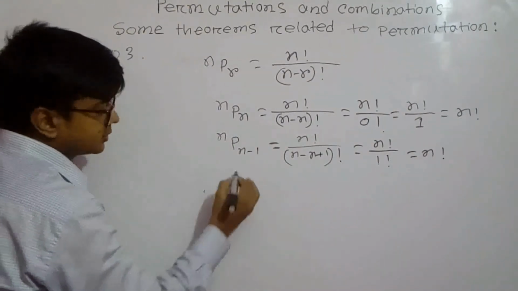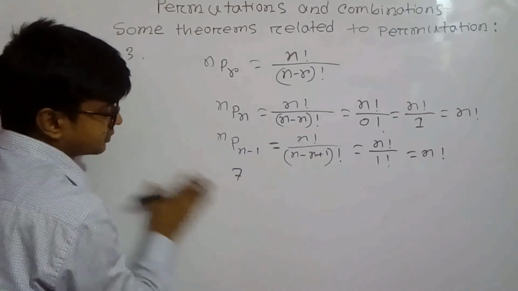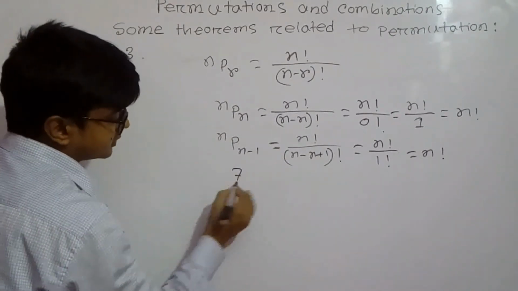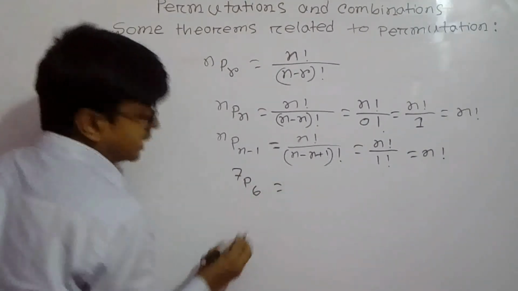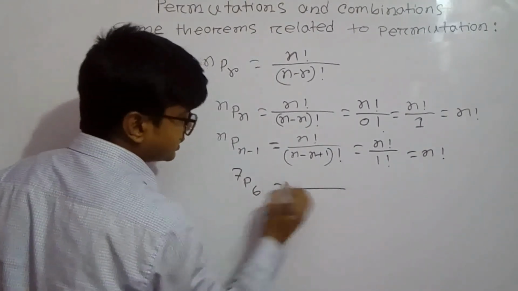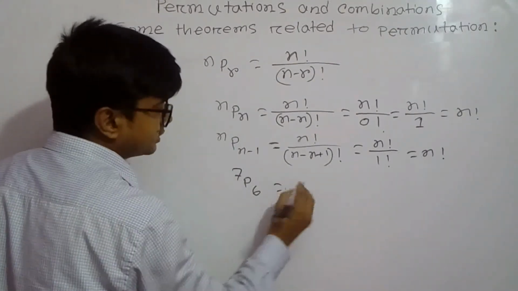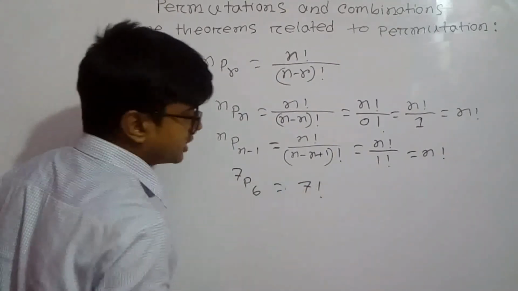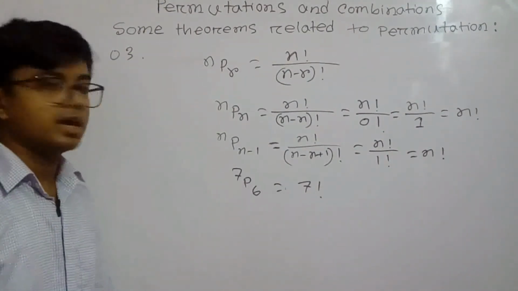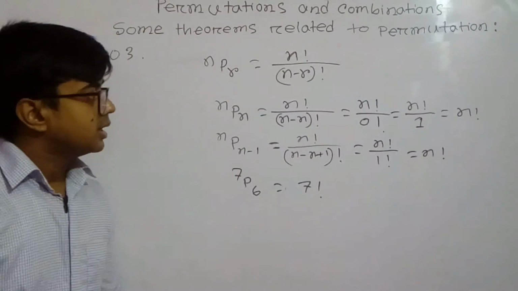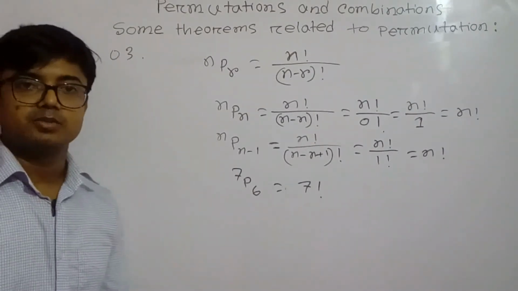Suppose here 7P6, so the answer will be 7 factorial. This type of formula is very important for our MCQ test and for mathematical problems.